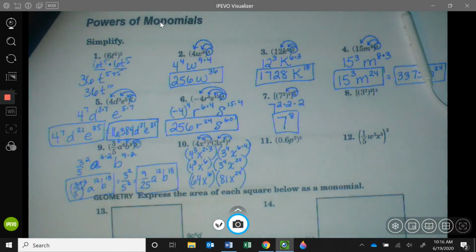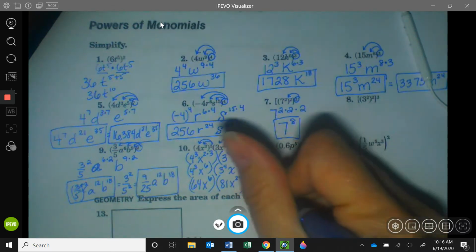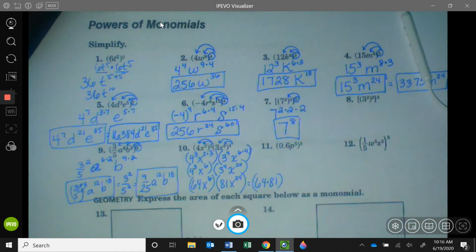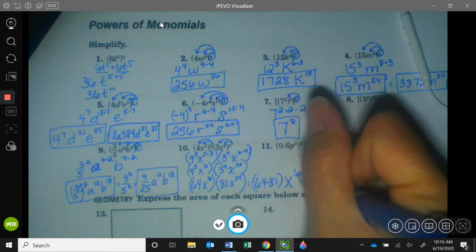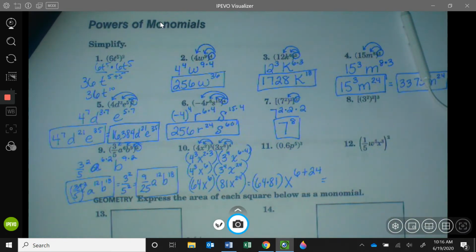Now it turns into a normal multiplication problem, which we learned the last couple of days. So we would multiply the 64 and the 81, and we would add the exponents because it's a multiplication problem.